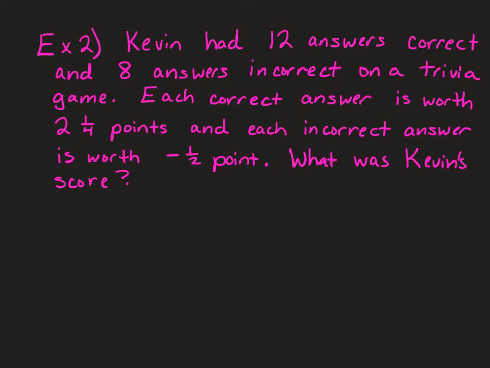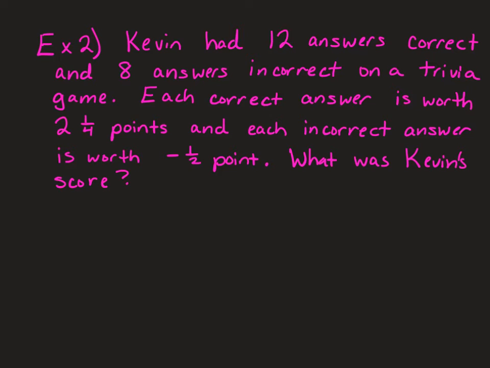Example 2, Kevin had 12 answers correct and 8 answers incorrect on a trivia game. Each correct answer is worth 2.25 points, and each incorrect answer is worth -0.5 point. What was Kevin's score?